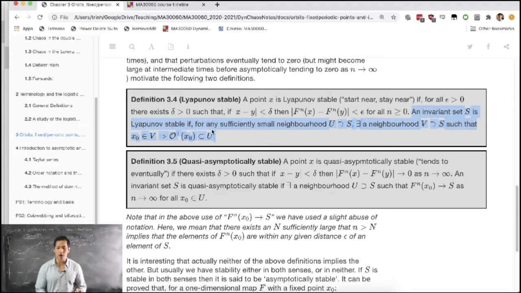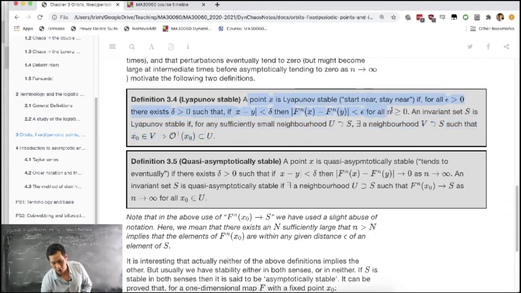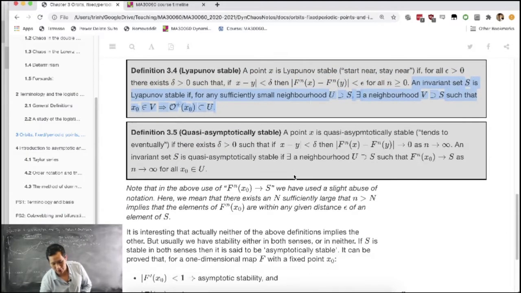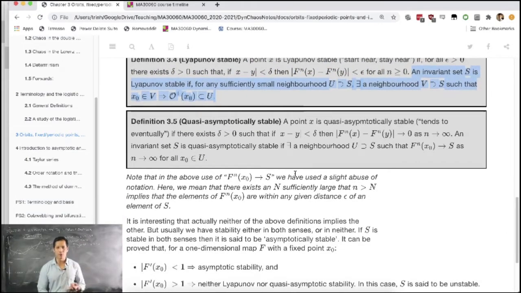Read that definition on your own and see if you can draw a picture of that on your own. If I remember, I'll do it again at the beginning of the next lecture or on Friday's course, or you can just ask me about it. But the idea between the pointwise version of Lyapunov stable and the set version of Lyapunov stable is effectively the same. Okay, let's go on now.